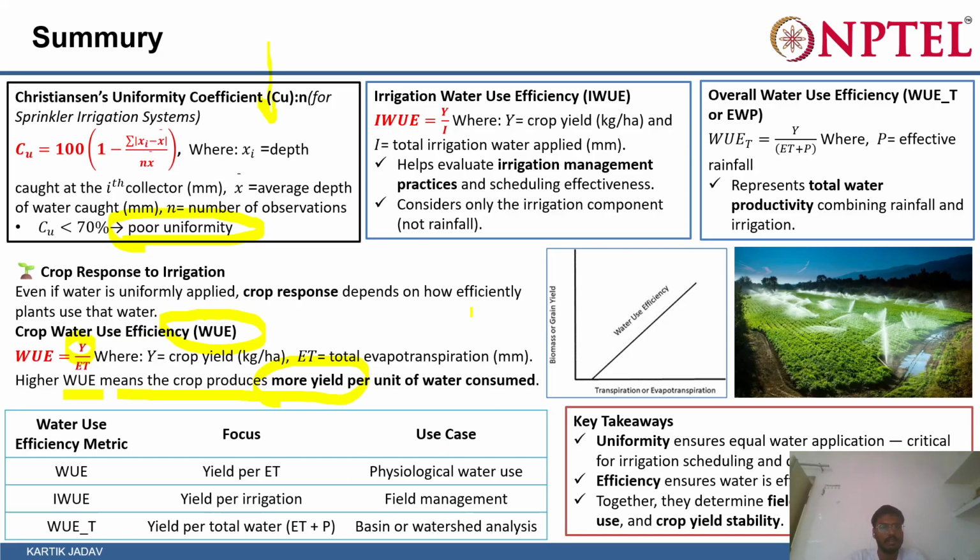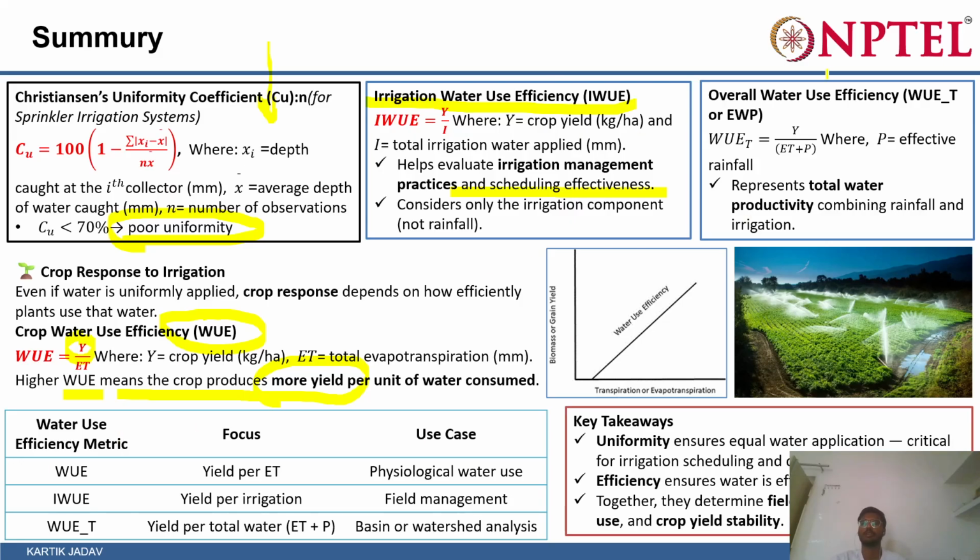The second one is irrigation water use efficiency. It is the ratio of crop yield divided by the total irrigation water that we have applied. It helps to evaluate irrigation management practices and scheduling effectiveness. It considers only the irrigation component, not rainfall.